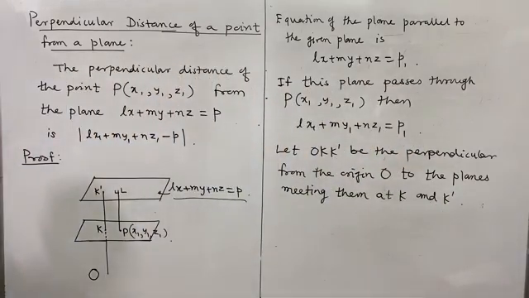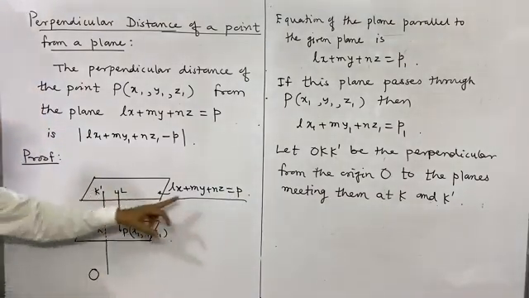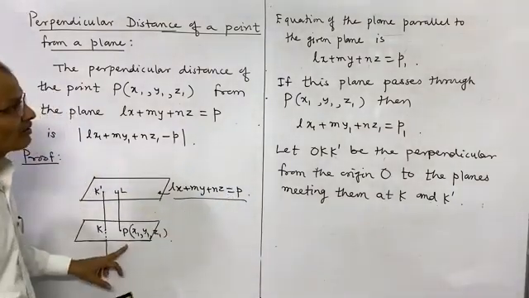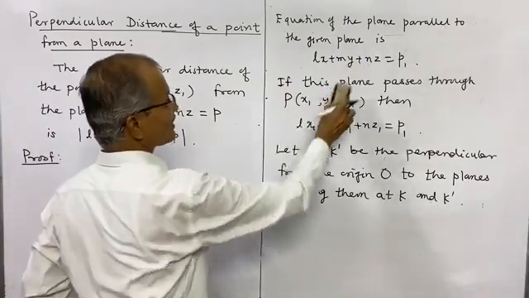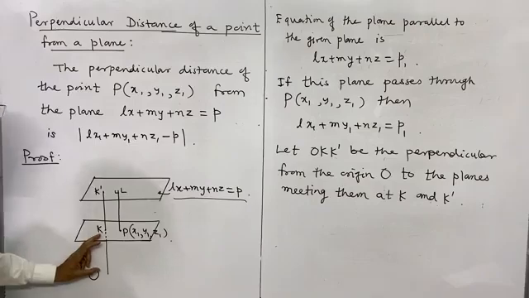So thus what we will have is this is P, means length of perpendicular. OK dash is P, and this plane we have written as Lx plus My plus Nz is equal to P1. And therefore OK will be P1.